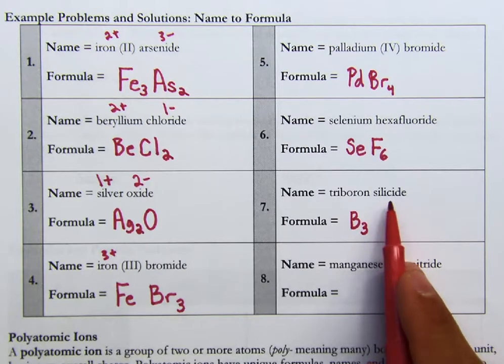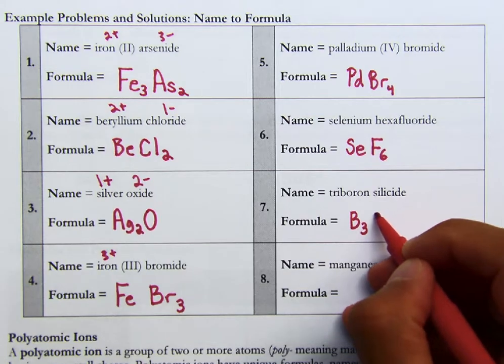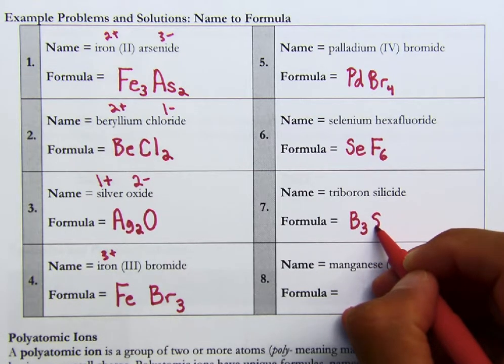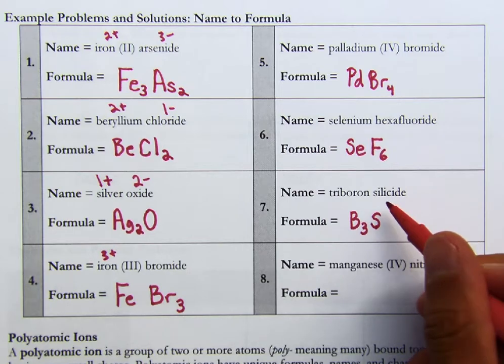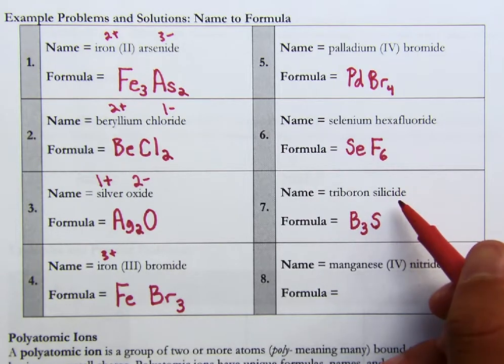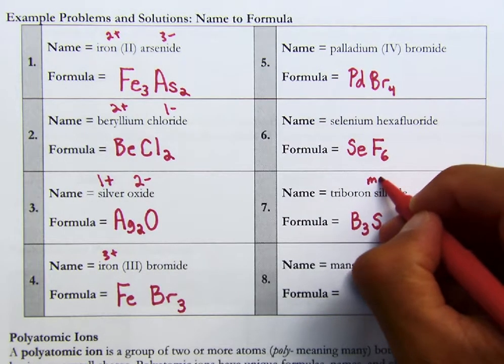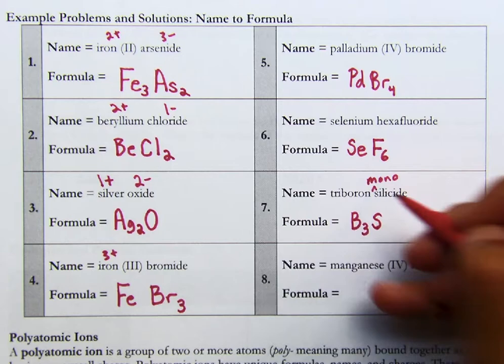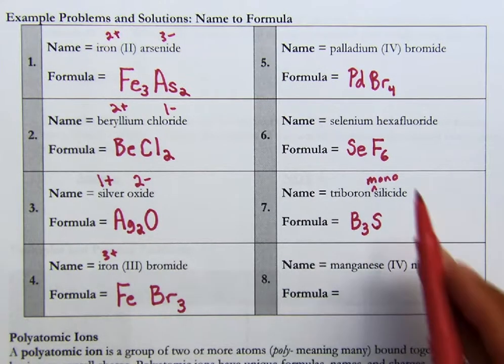Silicon becomes silicide, I guess. Yeah, I don't know. I've never even really said that out loud, but you have Si. I think this is a mistake. If you only had one of it, this should be mono, right? So I think this is actually a mistake.